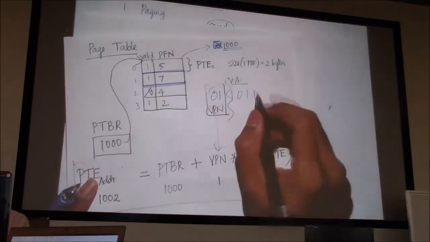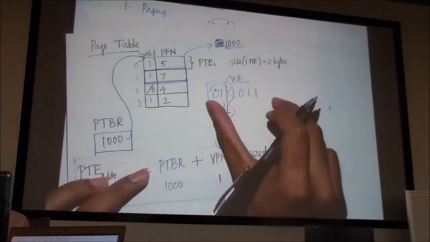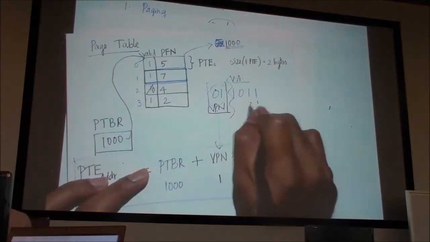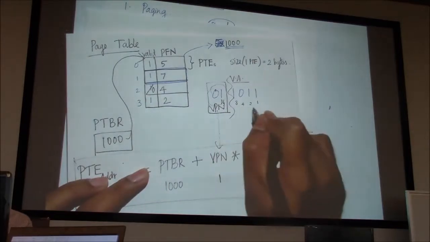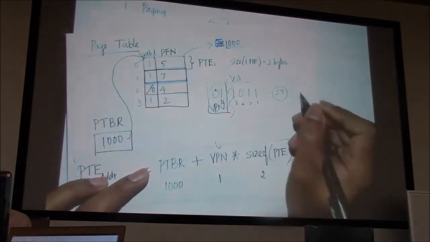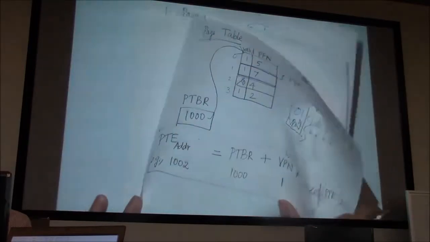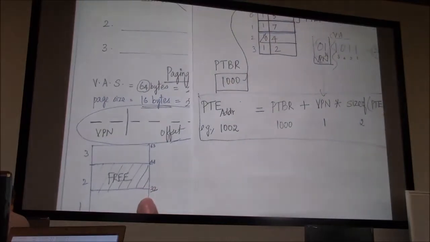For example, let's convert this to decimal to be very sure. You can figure out this is 1, 2, 4, 8, 16, so 16 plus 8 is 24, 26, 27. So this is nothing but 27 in decimal, and if you see here, it would fall under virtual page 1, the second page.